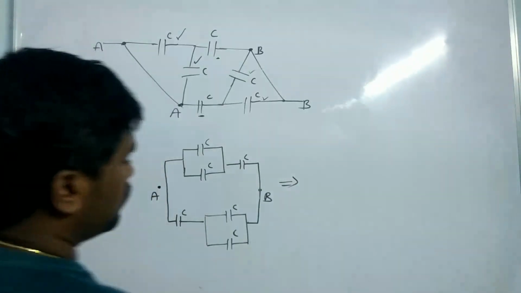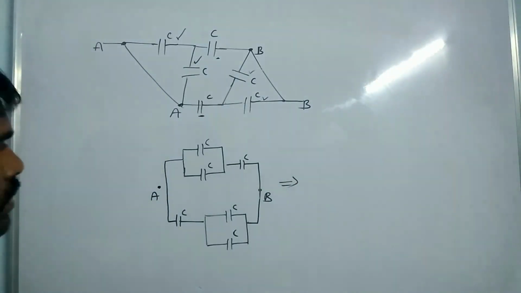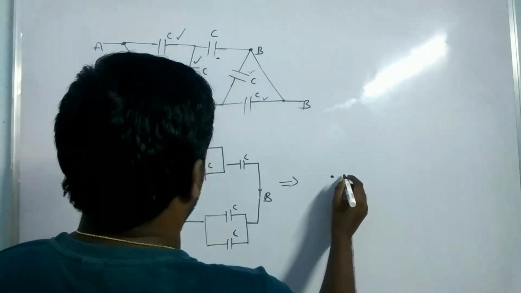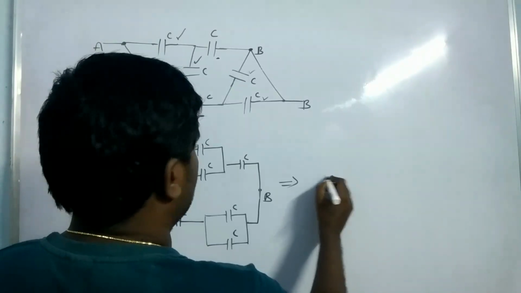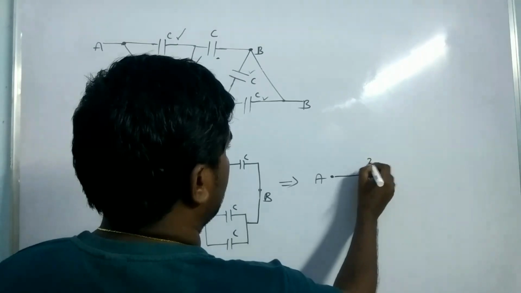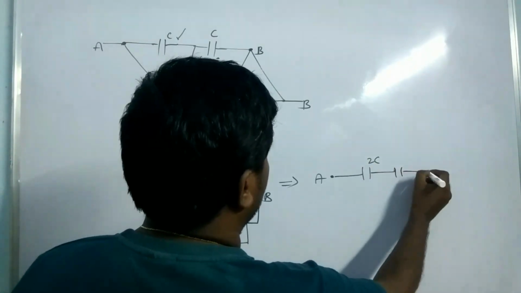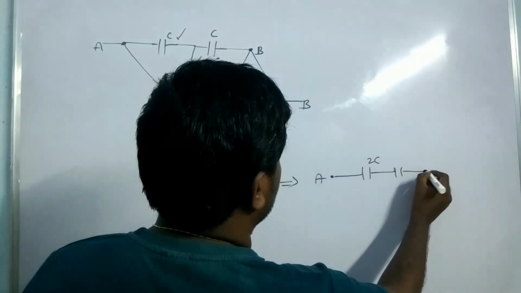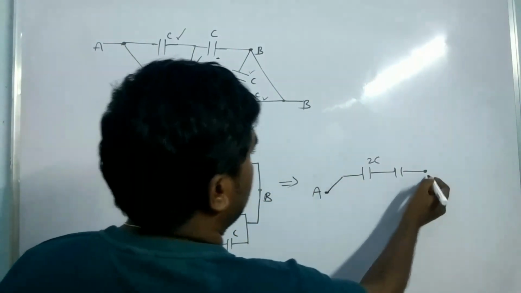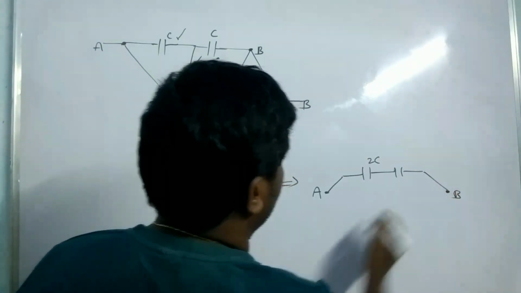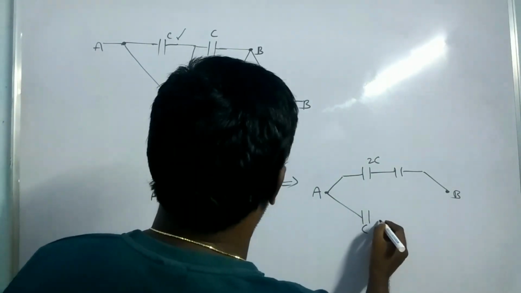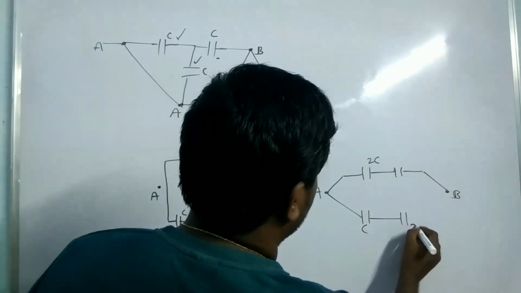So this is one more rearrangement of the circuit. Here is point A, how can we solve this? This is point A, so this is the 2C and this is the C here, and this is point B. And here there is C, and there is 2C.